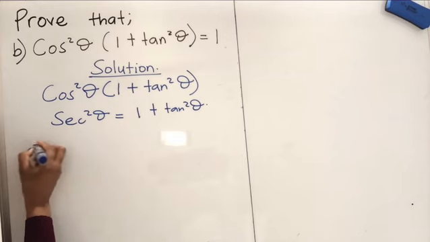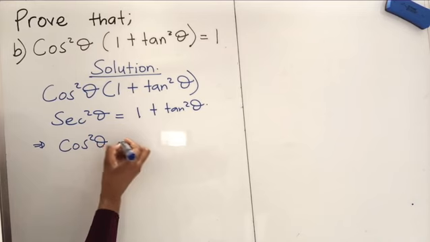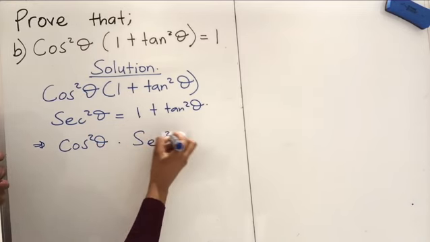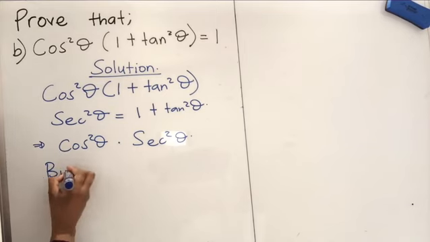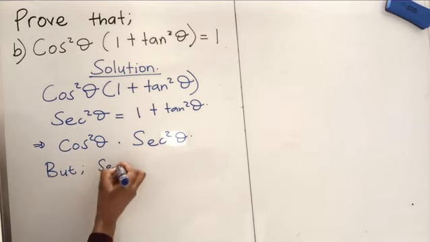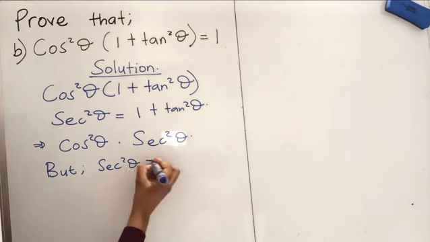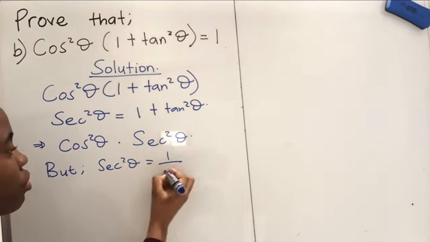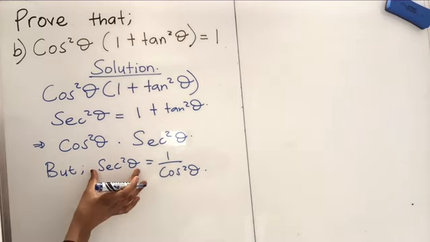So this implies that I have cos squared theta multiplied by sec squared theta. But we know that sec squared theta is the reciprocal of cos squared theta. So this is the same as writing 1 out of cos squared theta. So I'm going to replace again.